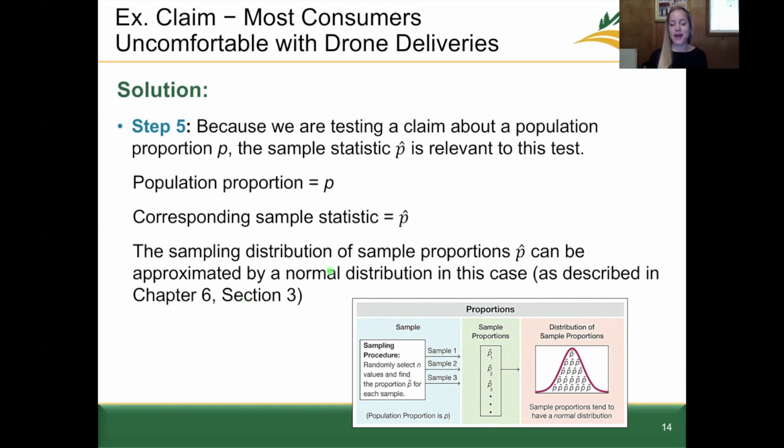Okay, so that's some background on why we're using a normal approximation for this method here in 8.2 when we're evaluating test claims about population proportions, where the corresponding sample statistic to a population proportion is a p-hat value, and we can estimate a distribution of these p-hat values as a normal distribution.